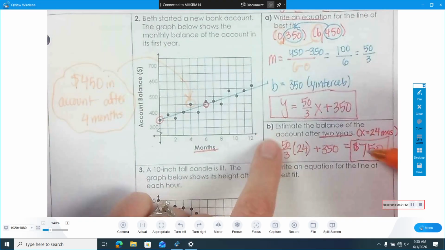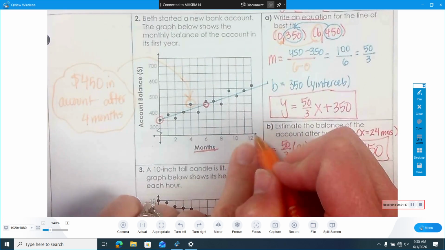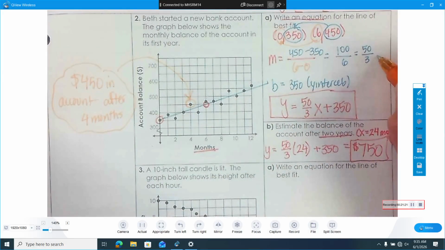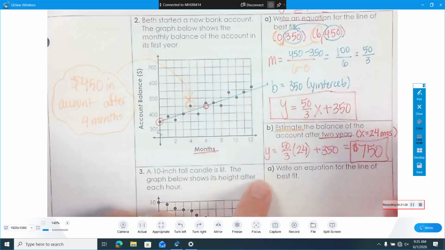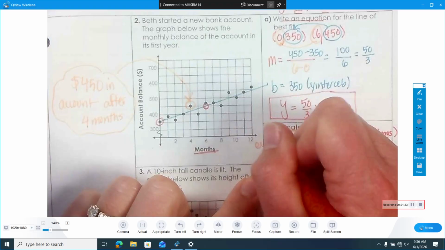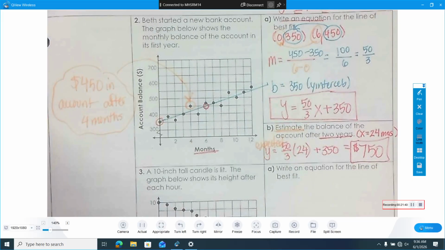But when we use our little expectation here, 24 months is way out here on this line, way out there. Is that an actual data point? No, it's an estimate. It's an expected amount, all right? It's expected, but it's not an actual. Does that make sense to you? An actual data point versus something that could be? Okay. So you want to read carefully when you're answering questions today.